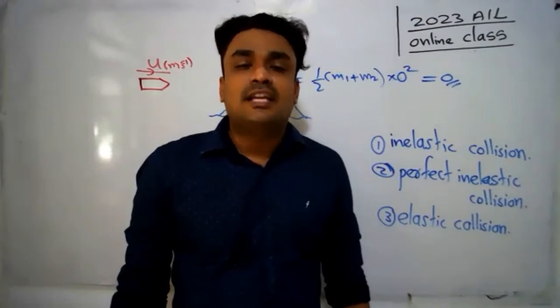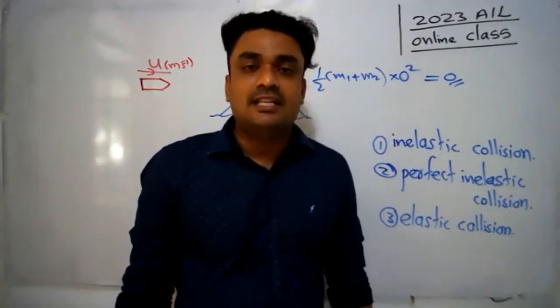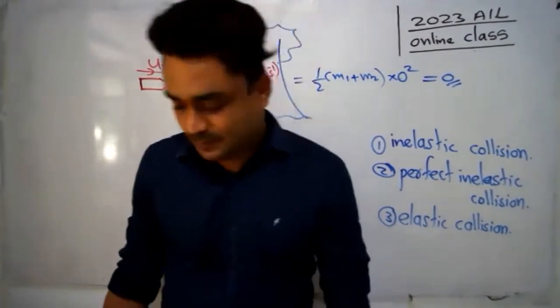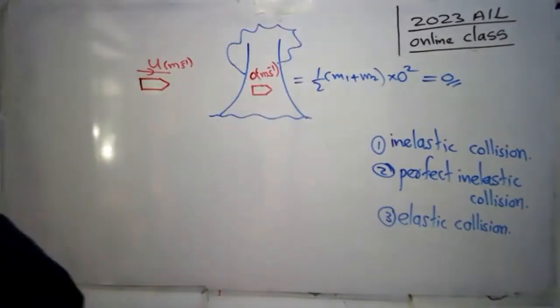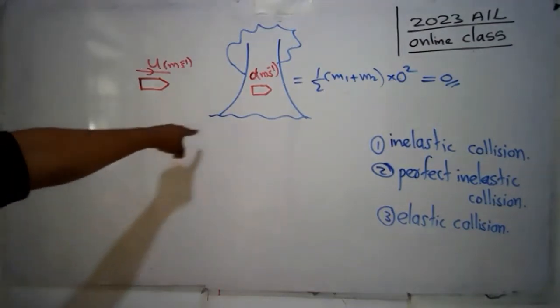If the kinetic energy is reduced during a collision, that collision is said to be an inelastic collision. So put number 1 and write the subheading inelastic collision.